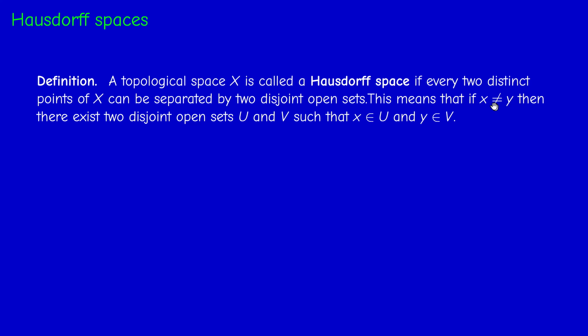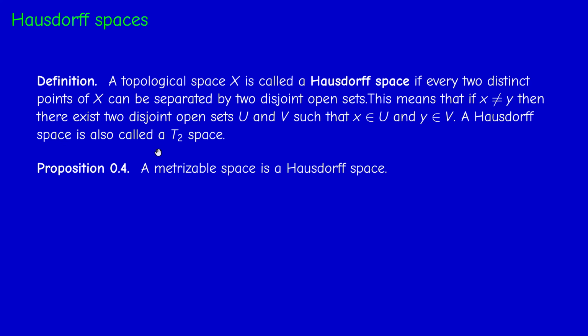So whenever x is different from y, we can find a neighborhood U of x and a neighborhood V of y that do not meet, that are disjoint. A Hausdorff space is also called a T2 space. These are the axioms of separation that you may have studied in general topology.